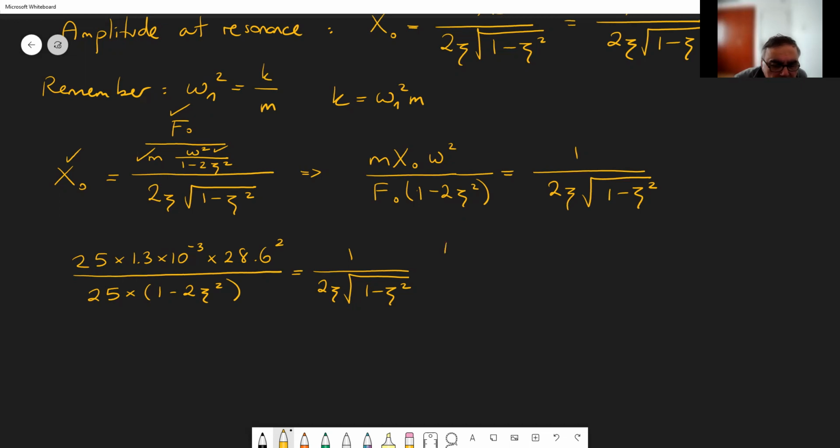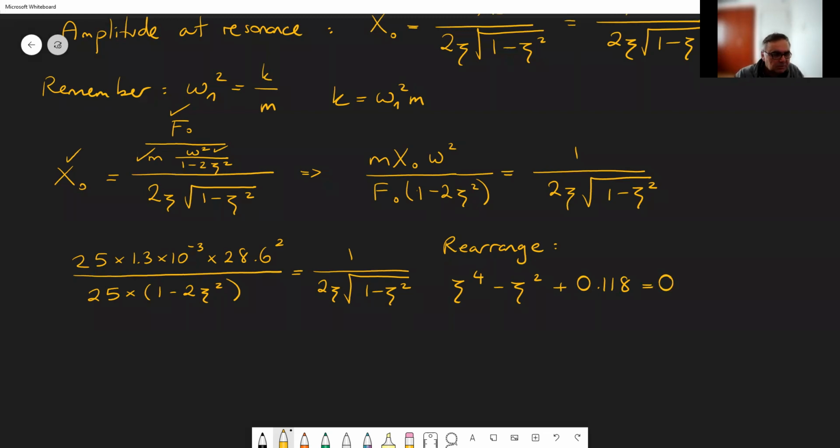To get a quadratic equation, you take square roots and everything, and you get the following: zeta to the 4 minus zeta squared plus 0.118 equals 0.